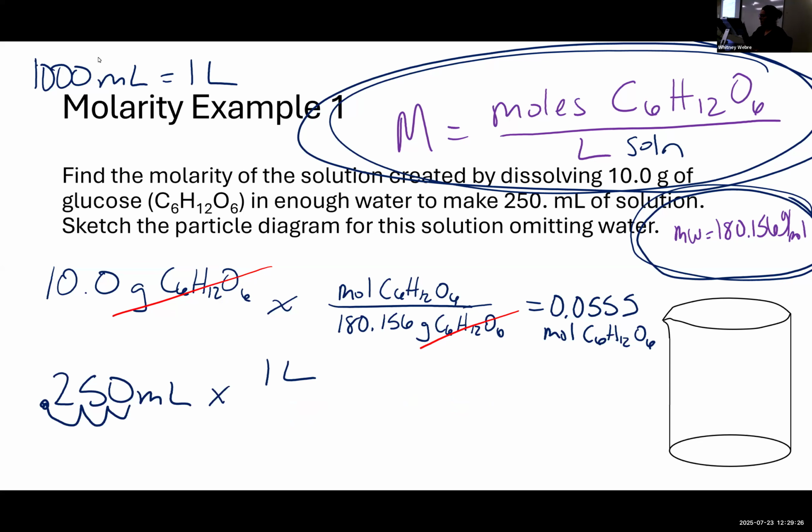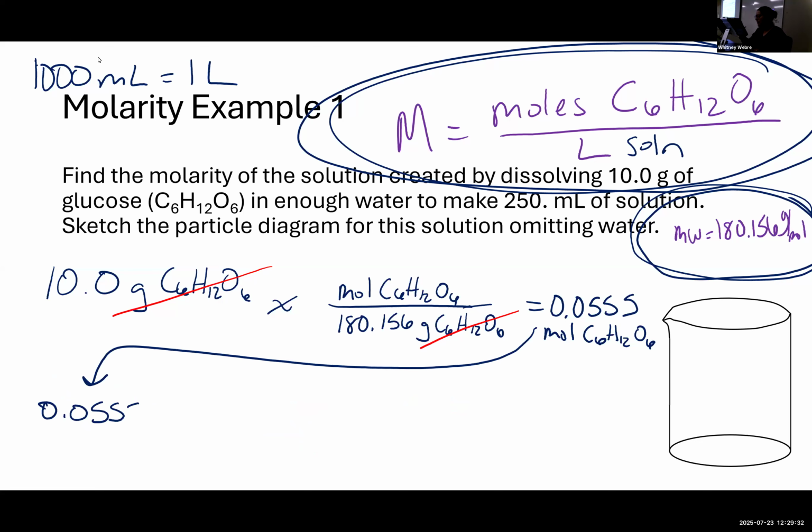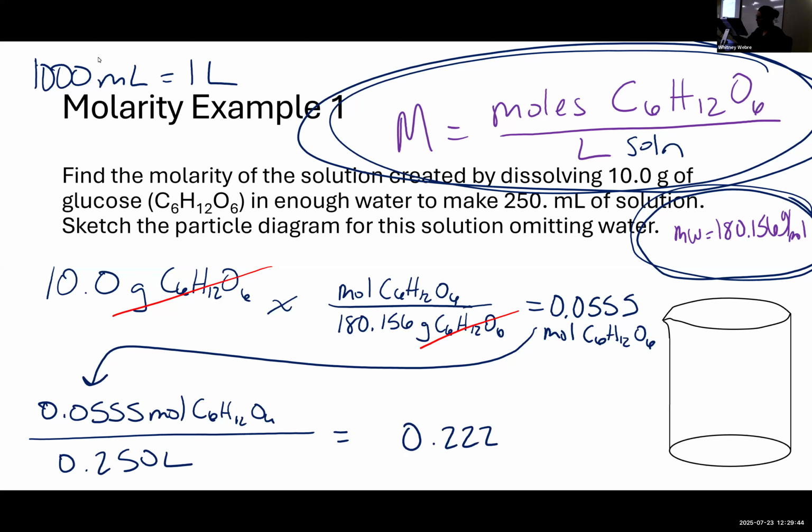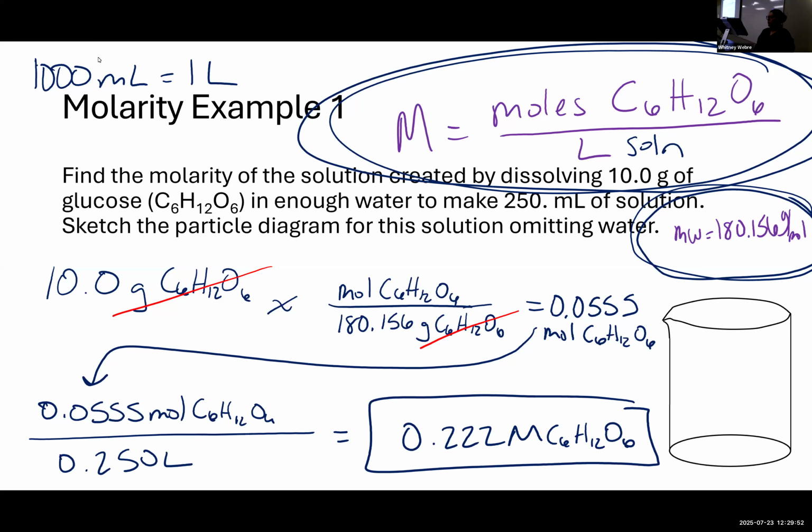So I'm going to erase this real quick and show you. 0.0555 moles of C6H12O6 divided by 0.250 liters. And I got 0.222. Check my math because I might make a mistake. Yeah, I got 3 twos. Perfect.